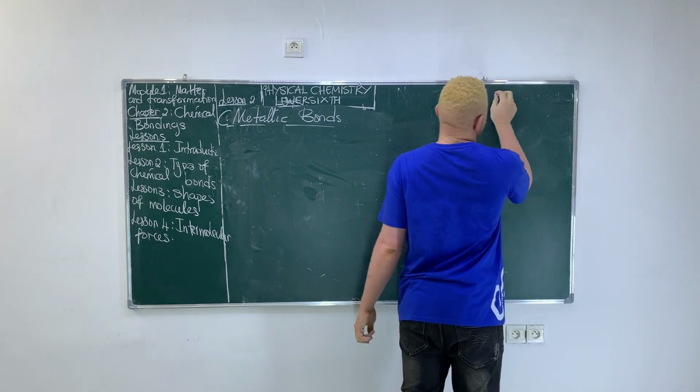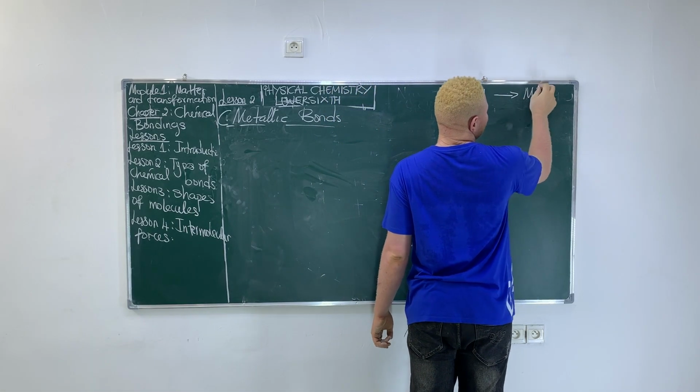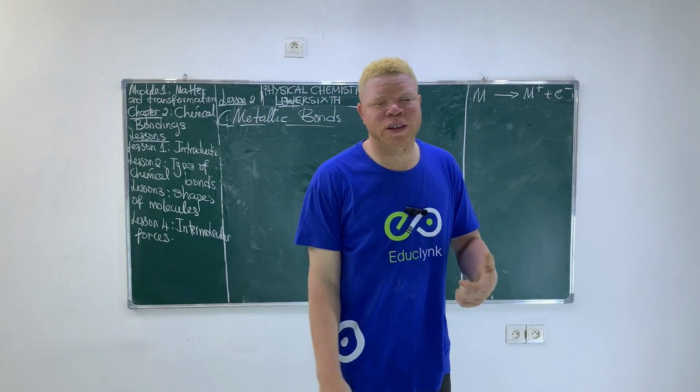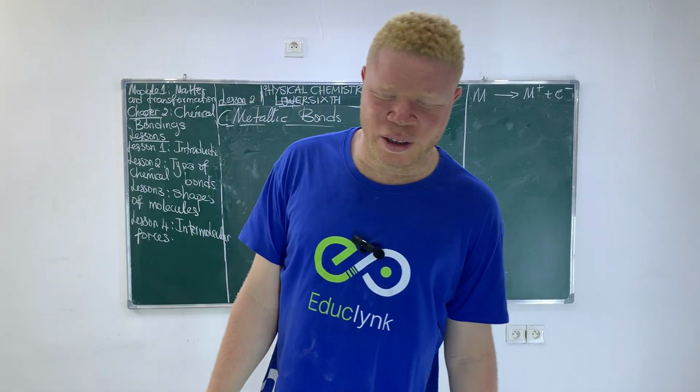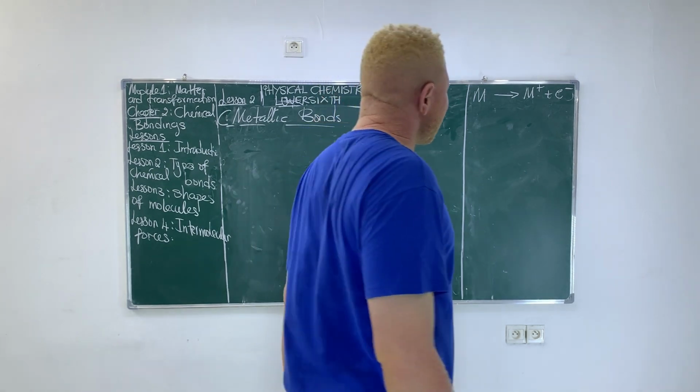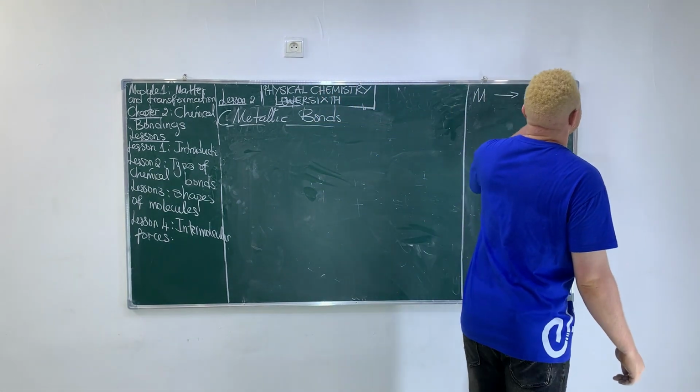So M will give M plus and e minus. M forms its ion by losing a single electron because it has one electron in the outermost shell. At the end of the day, we'll have M plus and e minus.